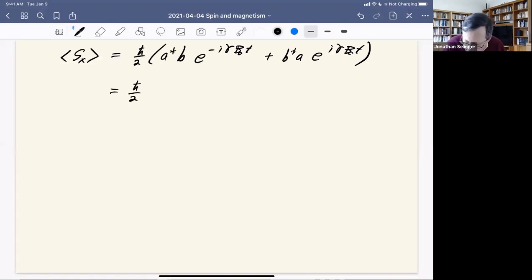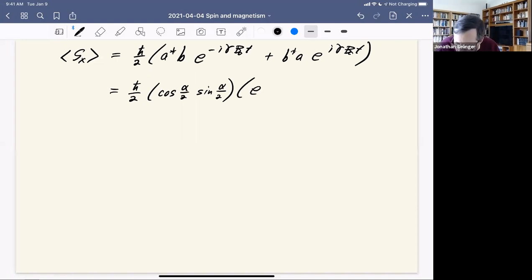A star B and B star A are both equal to cosine alpha over 2 sine alpha over 2.